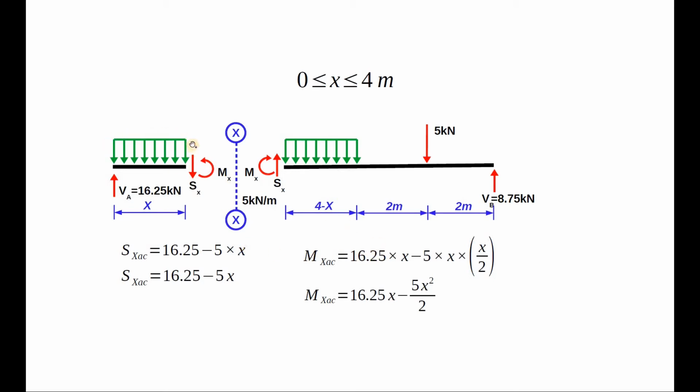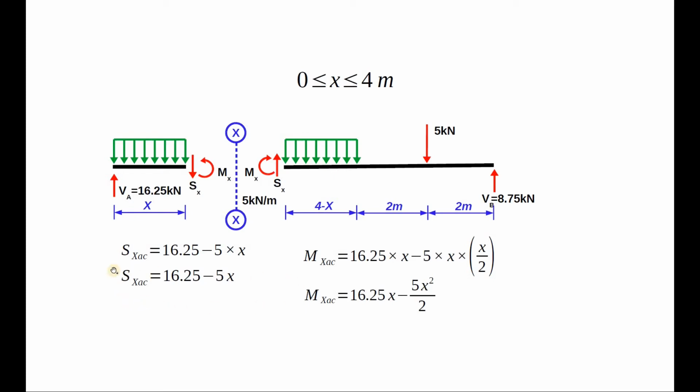Coming to the UDL, the total value of the UDL is 5 into X, and considering its equivalent concentrated load, which is acting at the CG of the partial UDL, the lever arm becomes X by 2. So the moment of the uniformly distributed load about the point on a beam at section X becomes 5 into X by 2. So the final expression for bending moment becomes 16.25x minus 5x squared over 2.